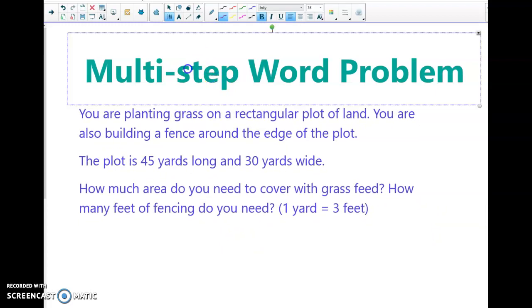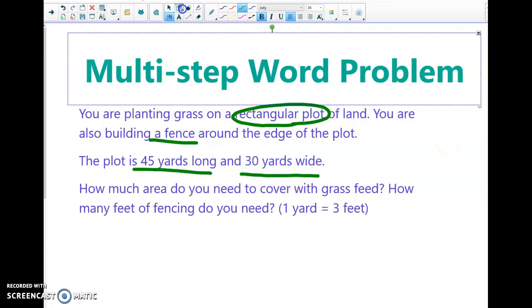Alright, word problem. Take a minute and read this problem. Alright, things to circle. Rectangular plot, and they want a fence. The plot is 45 yards by 30 yards.